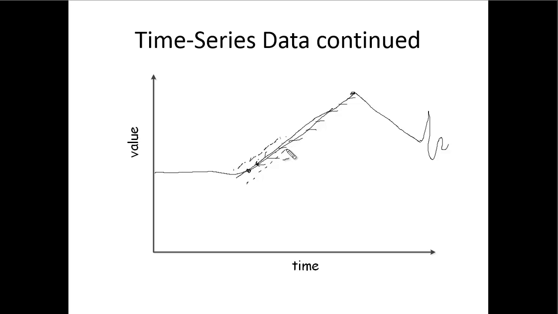But as soon as one of them goes outside my deadband, so let's say this one goes outside the deadband here. Let's say I take a point here. What I'm going to do is I'm going to draw my line to my last reading before that one, and then I'm going to go and do a new slope, and I'm going to take readings along there, and I'm going to ignore them until they go outside, and then I'm going to take my next reading.